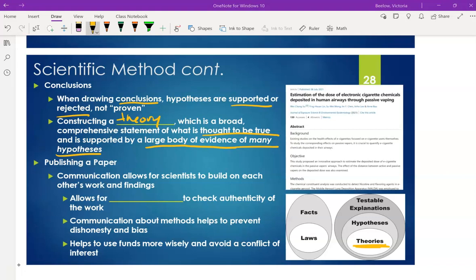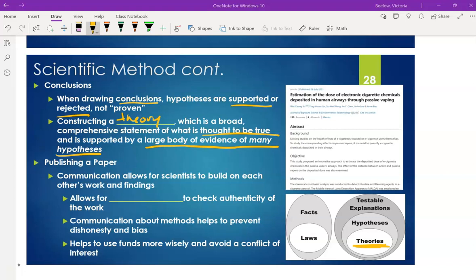Atomic theory. These are things that have been supported. Newton's law of motion, what is in motion stays in motion unless stopped by another object, right? Or that an object in its current state, rest or in motion, can stay that way unless it's affected by another force. So theories are things that have a lot of supporting evidence behind them.